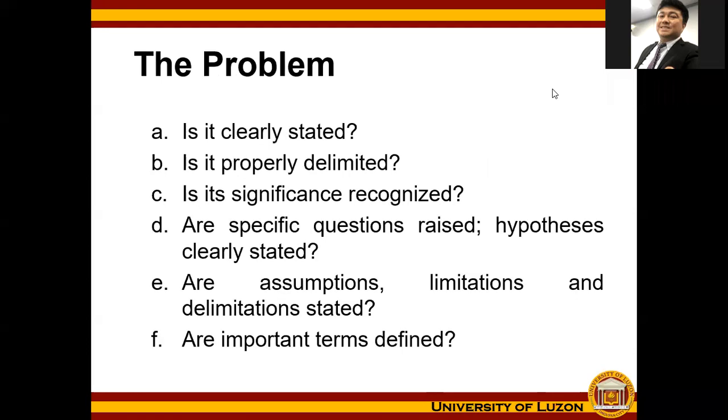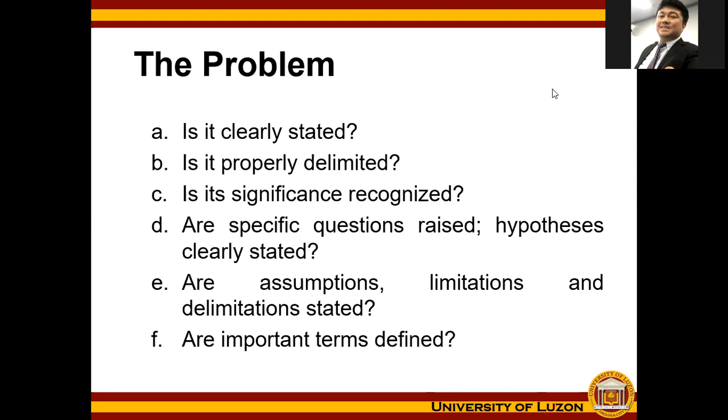Now we move on to the problem. So the problem would include the different subtopics in the first chapter. If you will recall, the problem and its background chapter will deal with the following subtopics. We have rationale, we have conceptual or theoretical framework, we have statement of the problem, assumptions, hypotheses, we have scope and delimitation, significance of the study, and then we have definition of terms.